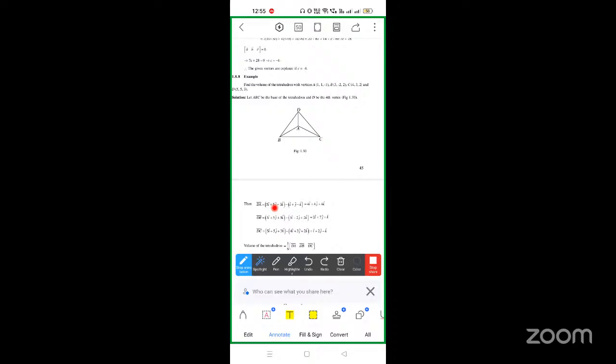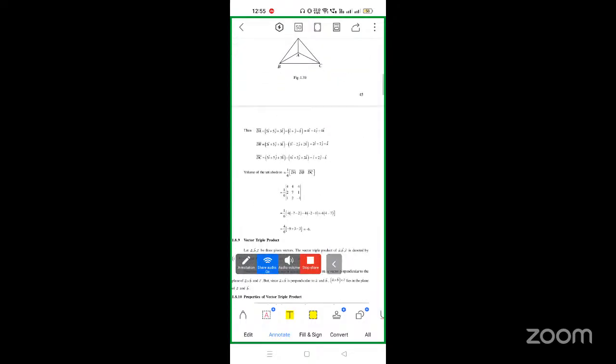So DA is equal to OA minus OD, DB is equal to OB minus OD, and DC is equal to OC minus OD, where OA, OB, OC, OD are the position vectors. The volume of the tetrahedron is 1 by 6 times the box product of DA, DB, DC. So 1 by 6 times the determinant of the matrix with rows 4, 4, 4; 2, 7, 1; 1, 2, minus 1. So the final answer is minus 6. This is the volume of the tetrahedron.